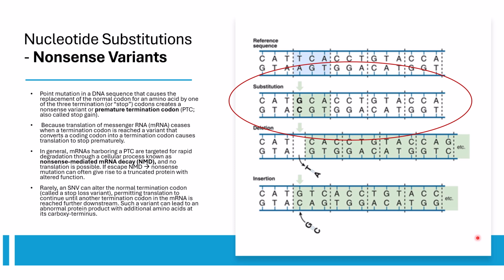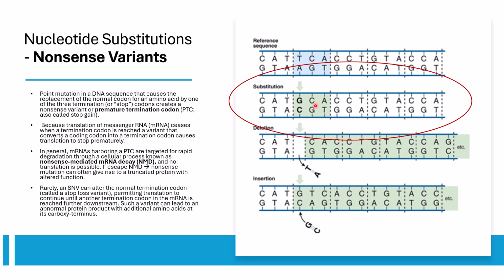Another example of nucleotide substitution variant is the nonsense variant. Similar process, it's a point mutation of a segment of the gene, but the problem here is that the normal codon is replaced by a termination or stop codon, creating what we call a nonsense variant or premature termination codon, PTC.